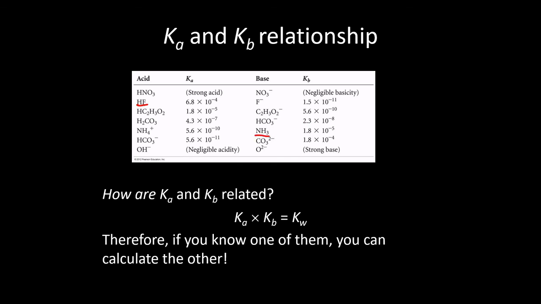It's not going to work. But the dissociation constant of HF and the base dissociation constant of F- are related. Because they are conjugate acid and base, the dissociation constants are related like this.